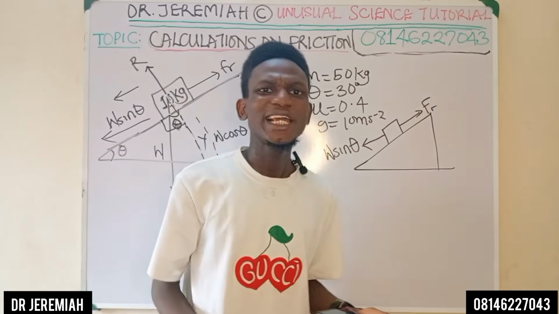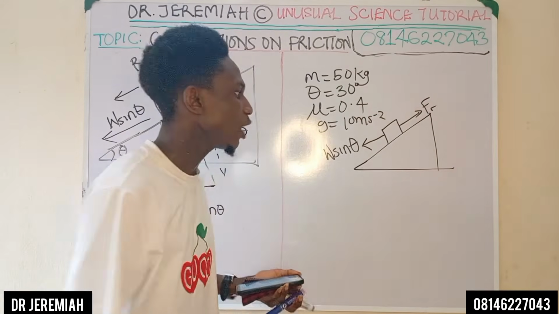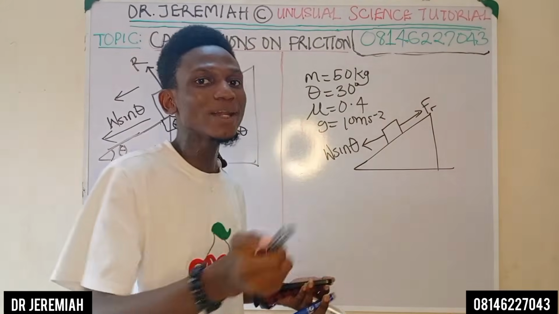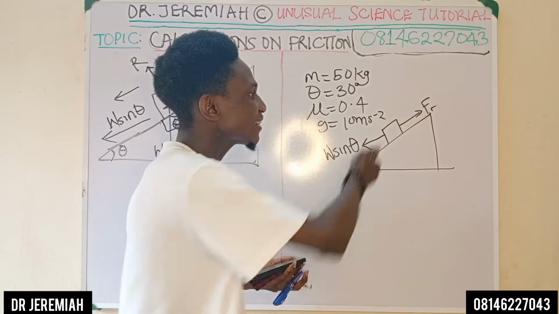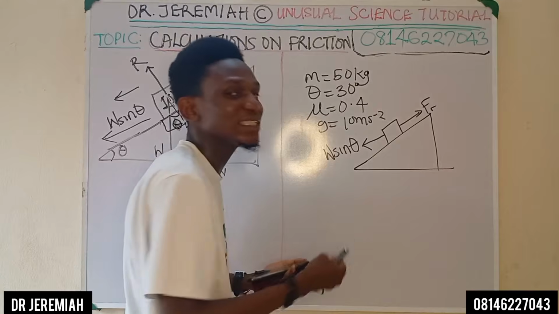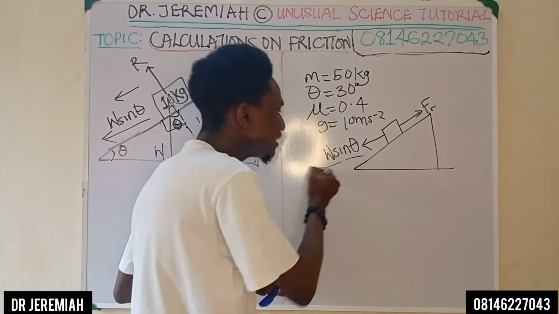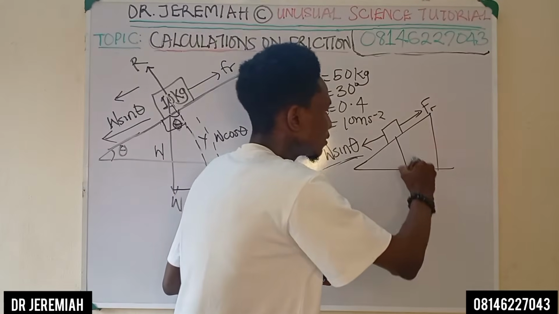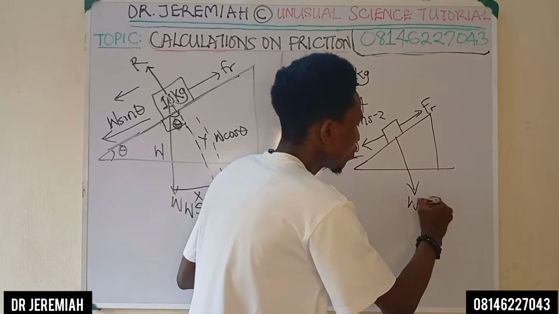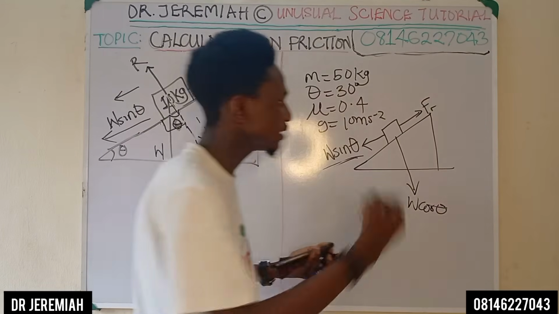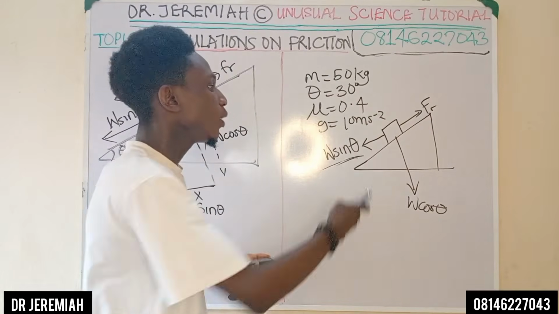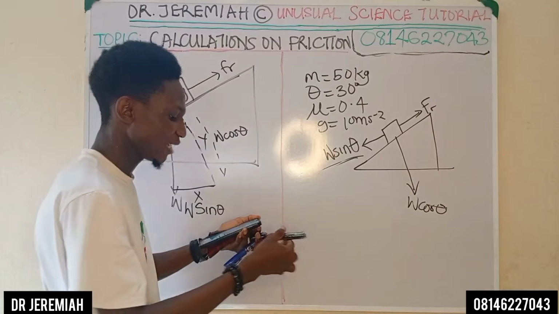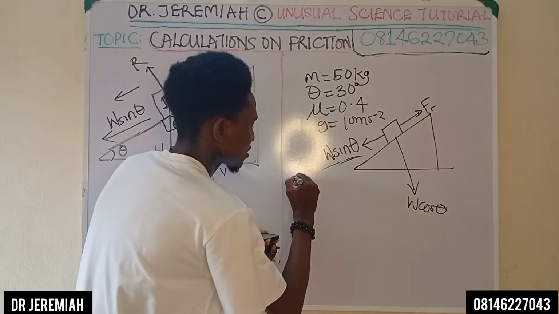Simple thing, it opposes motion. The reason I drew the diagram is so we know whether it's sliding downwards or upwards. If it's sliding upwards, frictional force is acting here, and this guy is still here. W sine theta is always here, and W cos theta is always here. So since the body is moving downwards, we have net force along the plane.